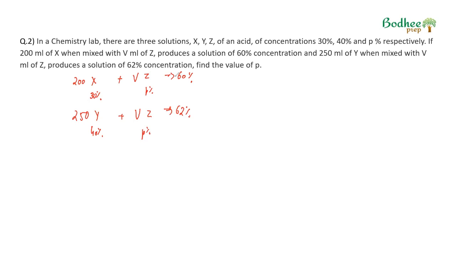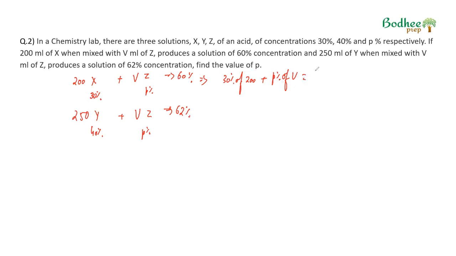Now, whenever we are mixing to get an overall solution, the amount of the acid or the solute can be equated. So here we can say 30% of 200 plus P% of V. This will be the amount of acid in the solutions that are being mixed.